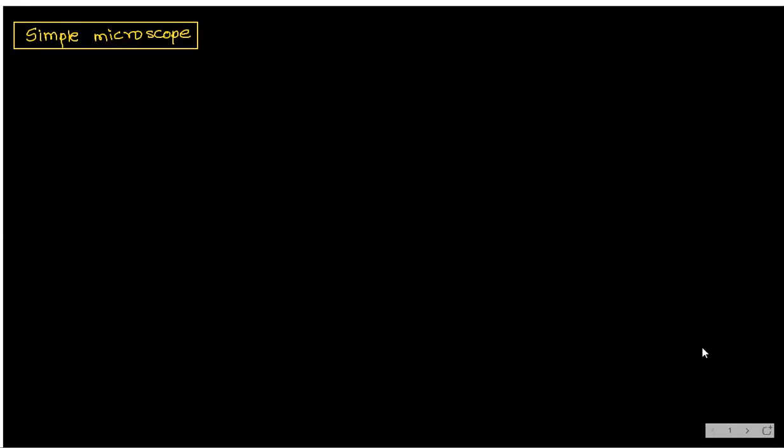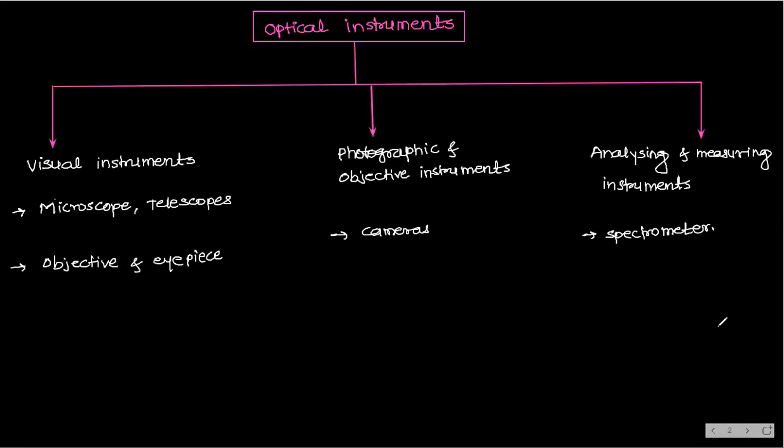When you were small, you were taking paper, taking that glass and focusing the sun's image so that the paper would burn. Have you seen that? That is what this simple microscope is.